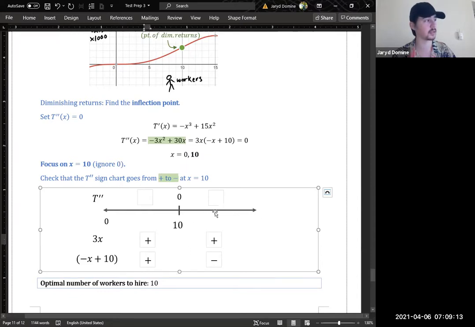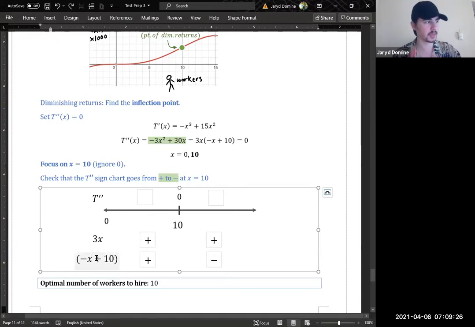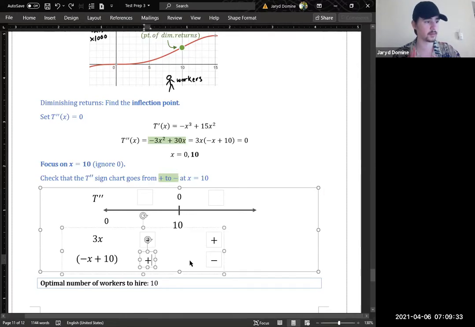If I plugged in 11, I'd get 33, a positive number. For minus x plus 10, if I pick something less than 10, I get a positive number. If I picked 9, I'd get minus 9 plus 10, which is 1. And if I pick a number greater than 10, this will be negative.